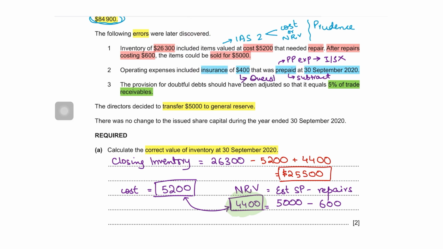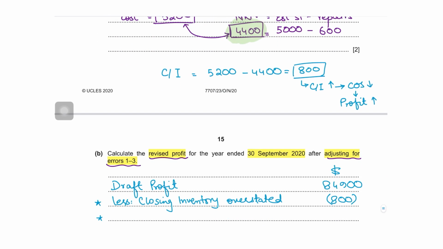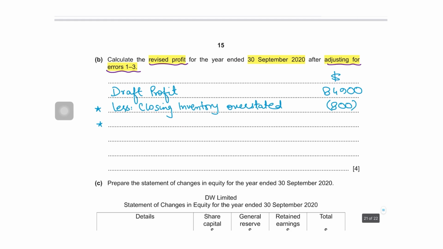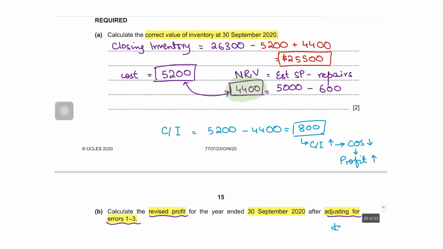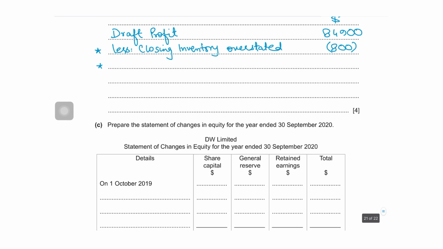I have to reduce my expenses, which will increase my profit. Always think of the impact, not directly on the profit, but how it is impacting the expense, and how that expense will impact the profit. So the second adjustment is related to insurance, which will be added back to the profit.